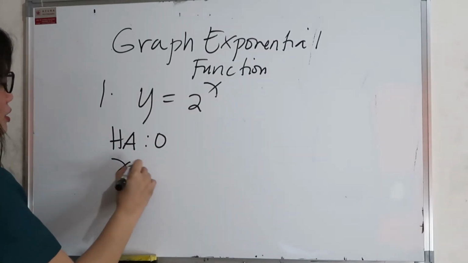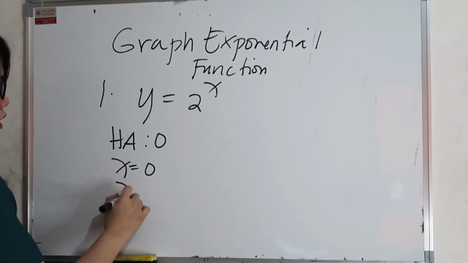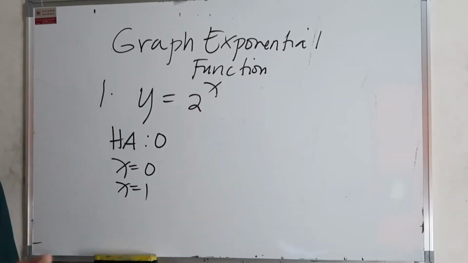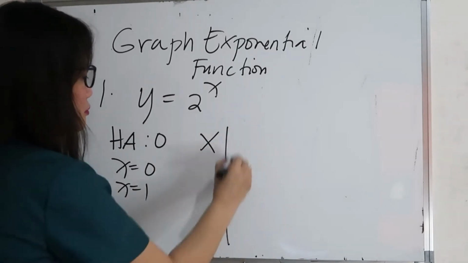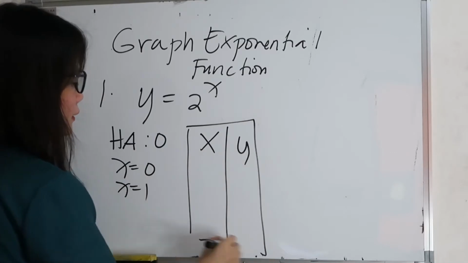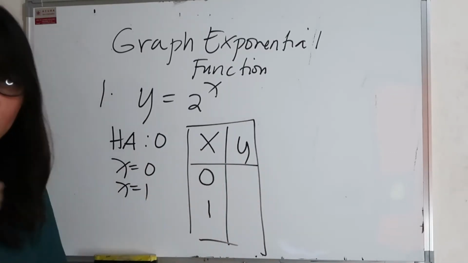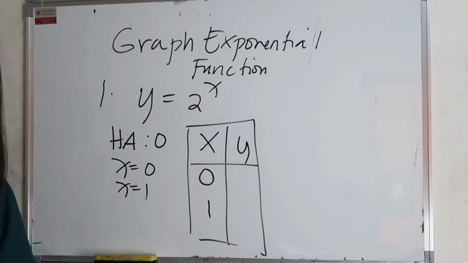So we have x is equal to 0, and then x is equal to 1. Equate the given exponent to 0 and 1, and then assign values of y. You can always use 0 and 1 in graphing an exponential function, so it will be easy for you.